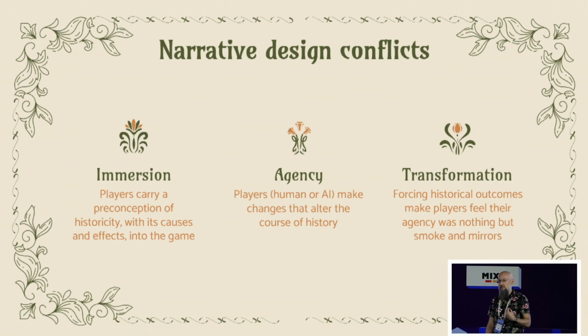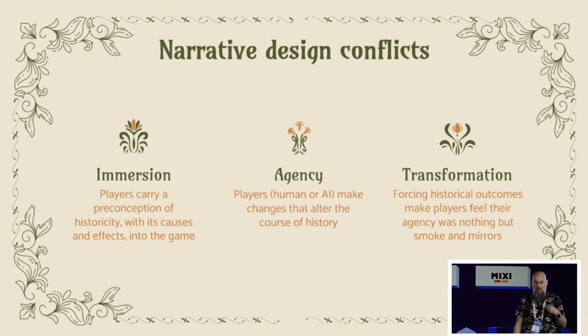If we give them the ability to make changes, and we want that to be immersive, one sort of shortcut we could do is what I said before. We could make it a false choice. We could say, yeah, you made this choice, but in the end, we're going to force this historical path anyway. It's not something that we want to do, right?